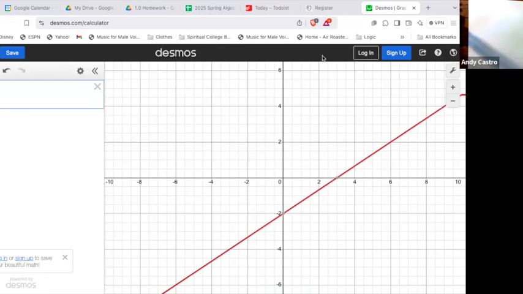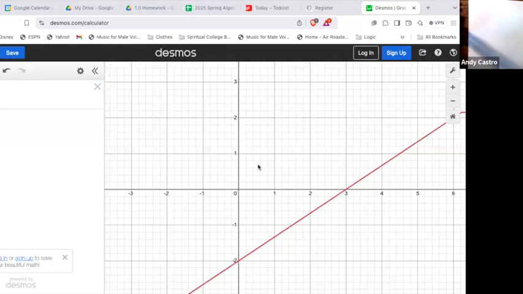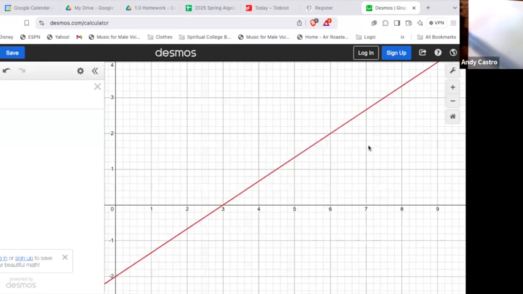All right. So over here, you can see that it crosses the y-axis at (0, -2). And then the other point that we calculated, (3, 0), that's where it crosses the x-axis. And you can remember that we also did 7. So if we come over here to 7, we should be at 2 2/3.